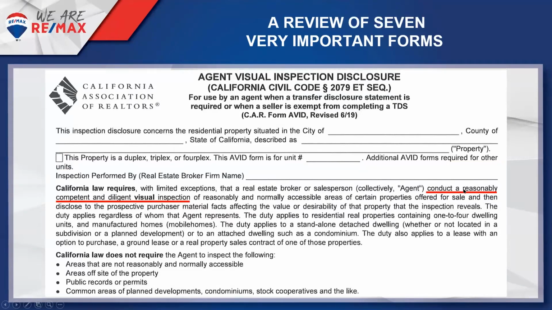All right. What does the law require? It requires a reasonably competent, diligent visual inspection of reasonably and normally accessible areas. So you don't go under houses, you don't go in attics, you don't even have to open up cabinet doors to do an inspection. You disclose to the prospective purchaser any material facts affecting the value or desirability of the property.